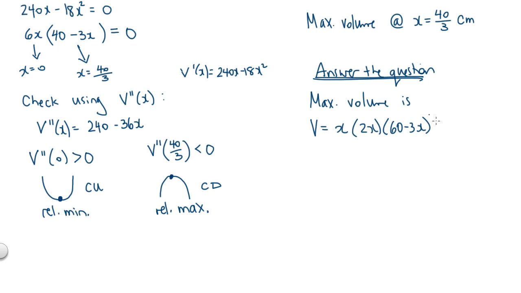Okay, so this might be a good step to look back to. We now just want to figure out what happens when we plug in 40/3. So volume when x is 40/3 is going to be 40/3 times double that, so times 80/3 times 60 minus 3 times 40/3.